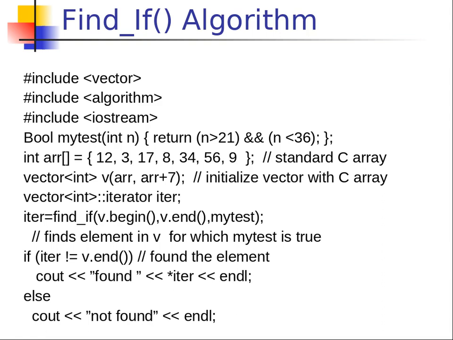This is extremely handy when you have a complicated data structure. And by complicated, I mean something besides a basic int, float, or string. And you want to write your own special function for it, or you haven't overloaded the double equals operator, you can write a special one, my test, it's greater than 21, less than 36. Ooh, let's see, which number should I give back? 34.